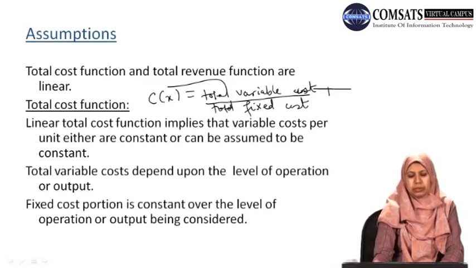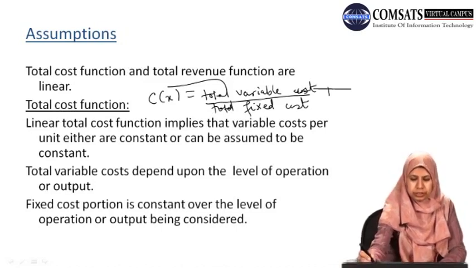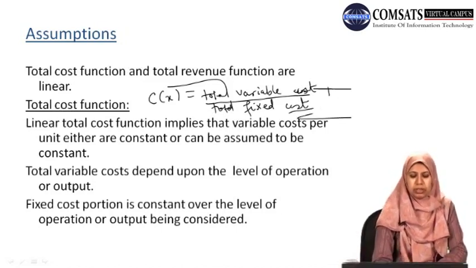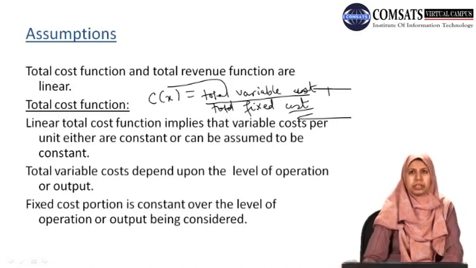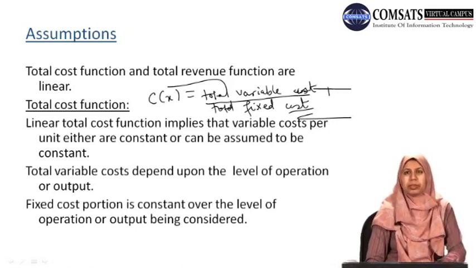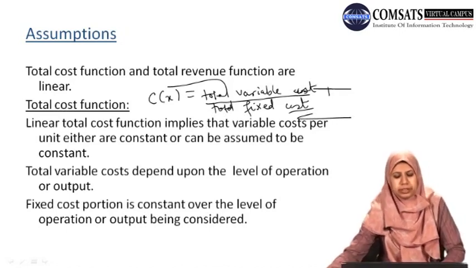Now, total variable cost depends upon the level of operation or output, and the fixed cost portion is constant over the level of operation or output being considered. That is, for that operation, fixed cost will be treated as constant. There will be no change in the fixed cost for that period.